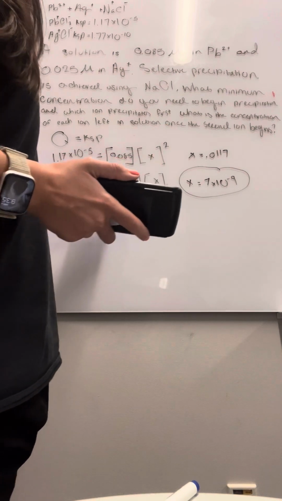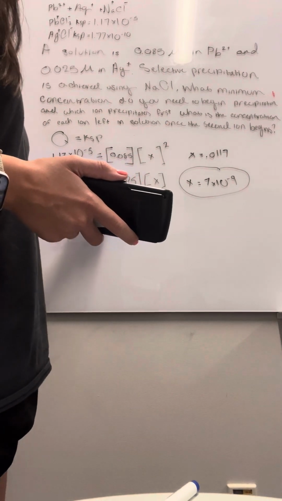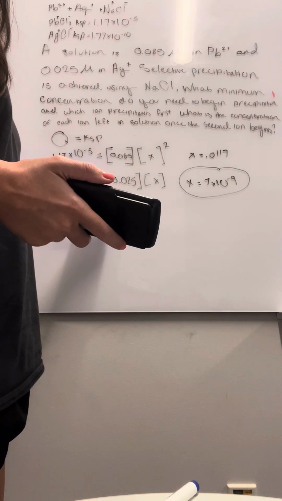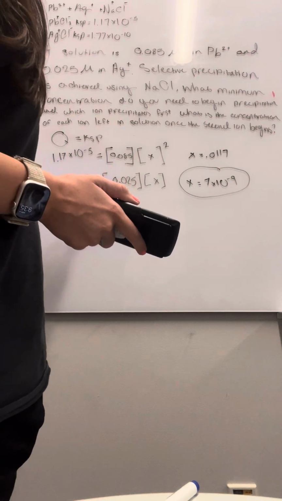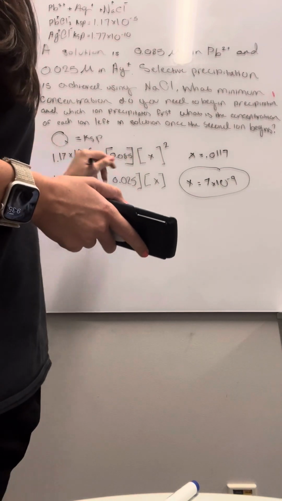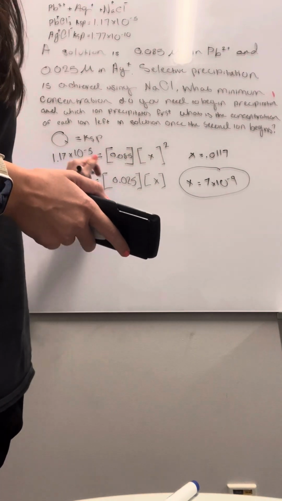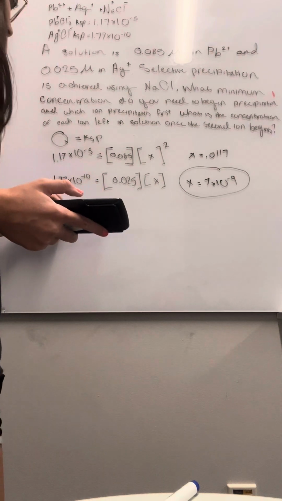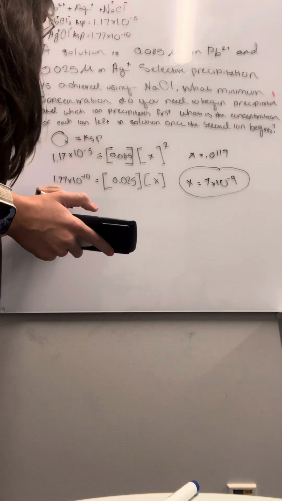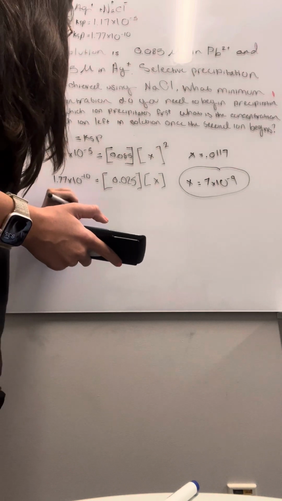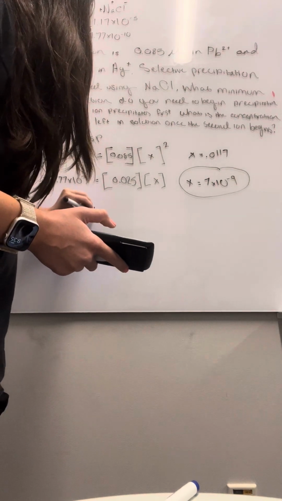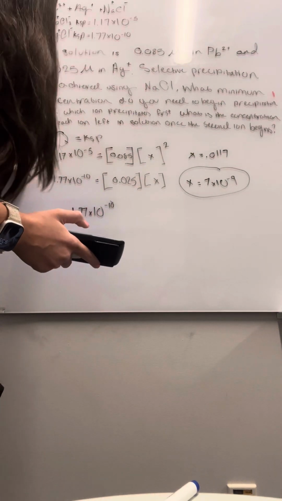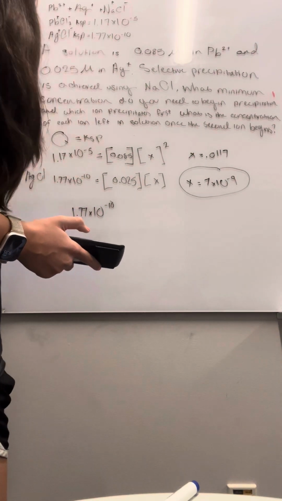So now all we need to know is how much this will be at. By this point, the Q is going to be greater than the KSP, but like I said, don't worry about that. We're not going to switch this in the middle. What you're going to do is write out the same KSP, because you're still dealing with AgCl.